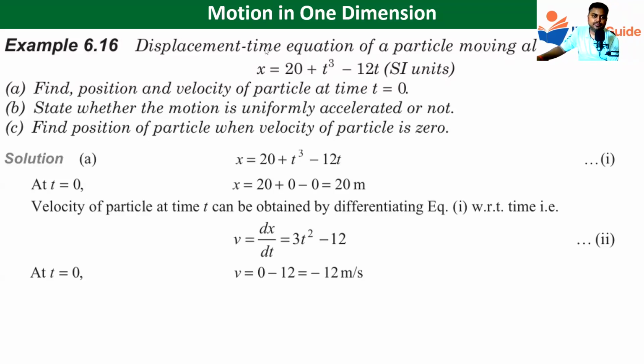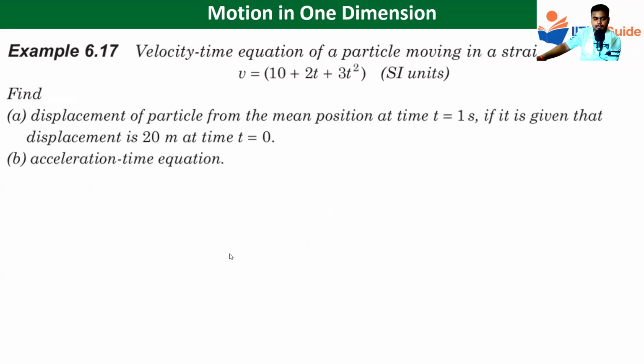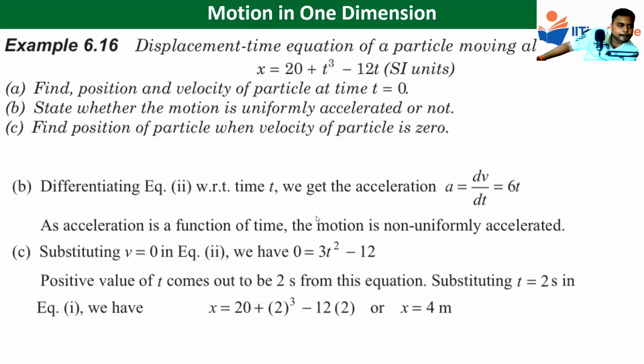It's minus 12 and 20. Good. Motion is non-uniform acceleration. Good. And 4 meters. Yes. Is it clear? If yes, please raise your hand.